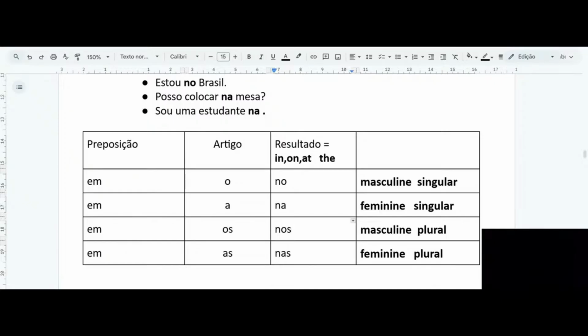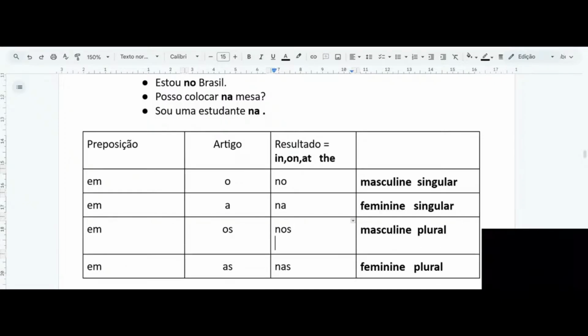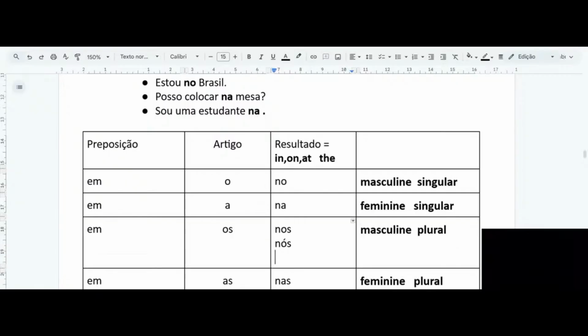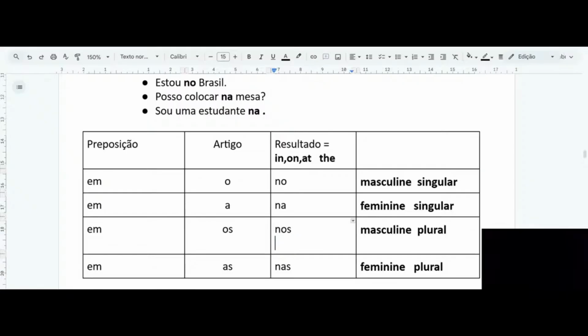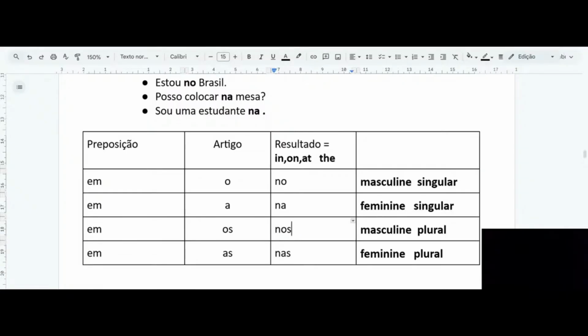We have "nos", and we have another "nos" with the same spelling, the same pronunciation, but different meaning. So we get to know the difference between the three of them when we get to pronouns. "Em" and "as" become "nas".